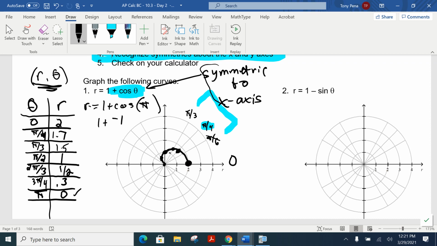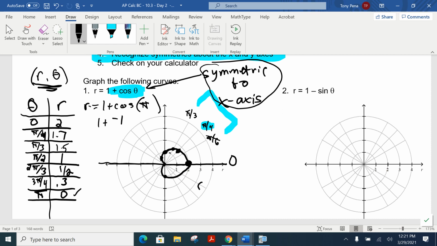But if we understand symmetry, and I'm symmetric to the x-axis, then as long as I know everything above the x-axis, if I just do a reflection around the x-axis, that should give me the rest of this graph. So this has to go through 0, -1, and just do your best to do a reflection right here. And then that is our graph.